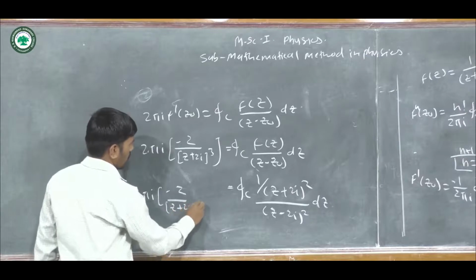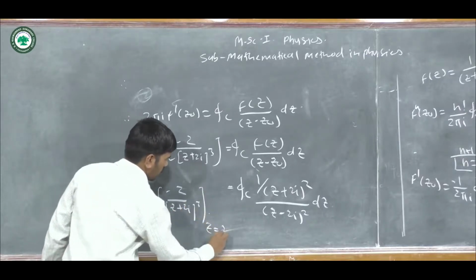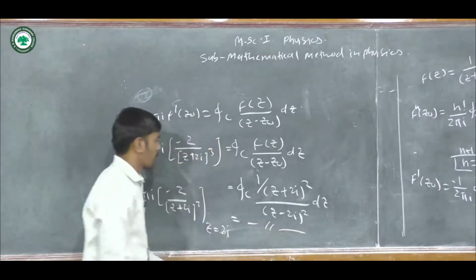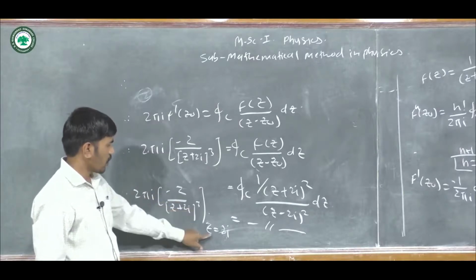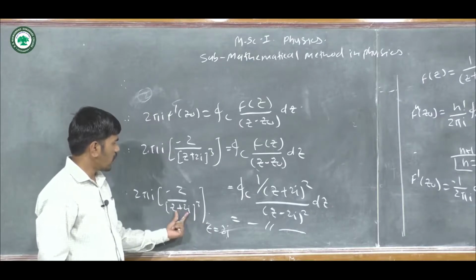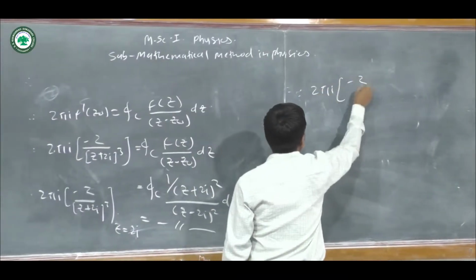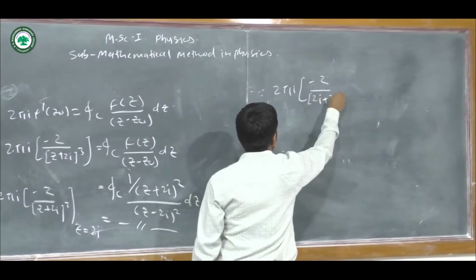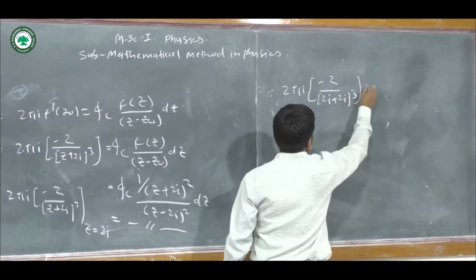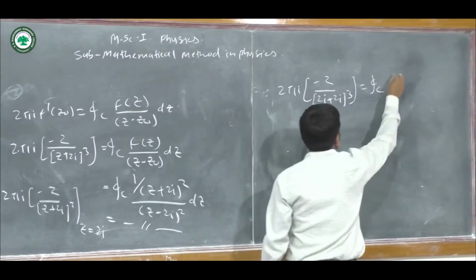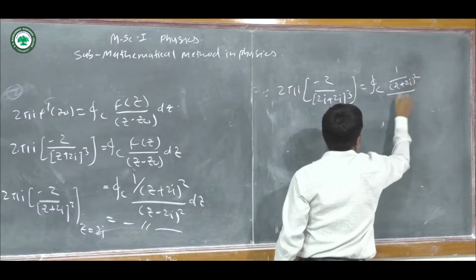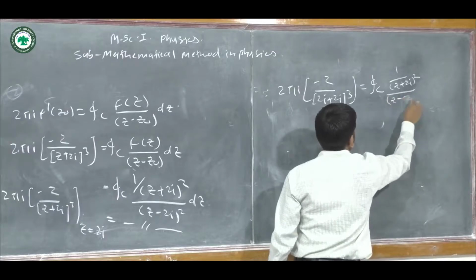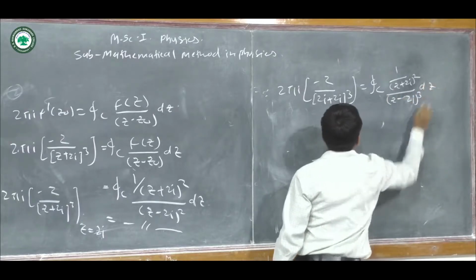So 2 pi i times minus 2 divided by (z plus 2i) cubed, putting z equal to 2i, gives 2 pi i times minus 2 divided by (2i plus 2i) cubed, which is equal to the closed integral over C of 1 by (z plus 2i) whole squared divided by (z minus 2i), dz.